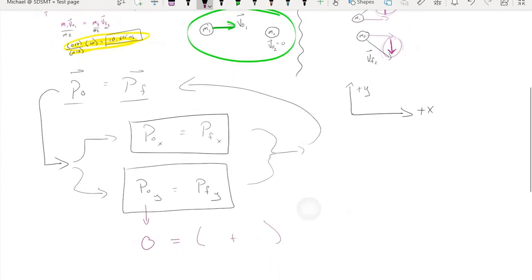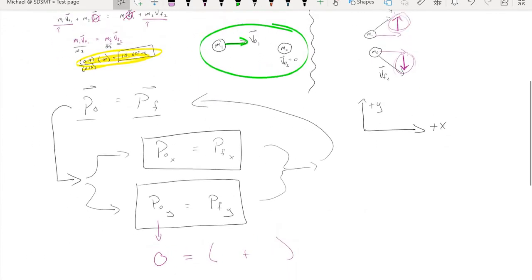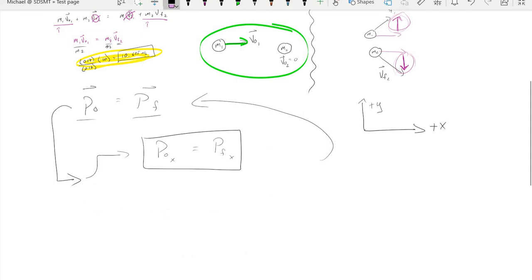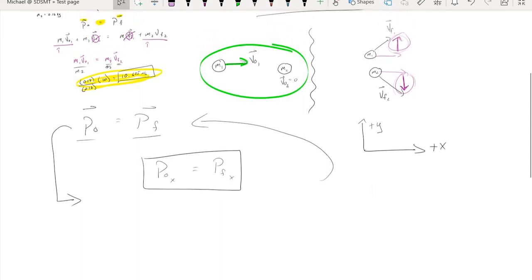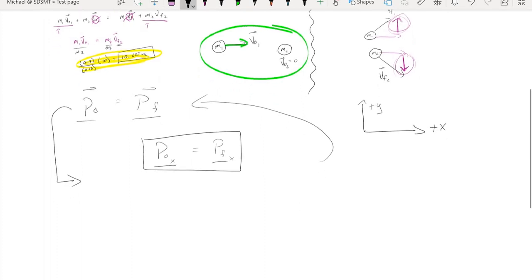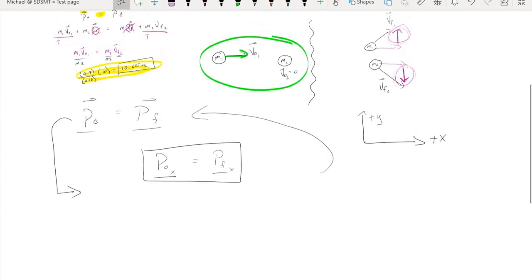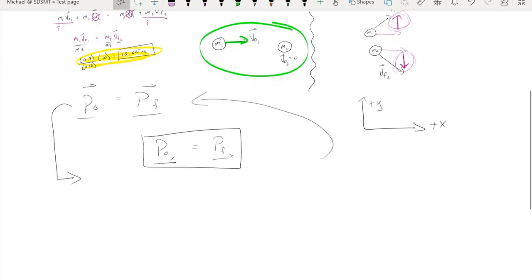All right, let's see what we have going here. I'm going to backtrack a little bit in my work, and we'll focus on just the x direction of our momentum for right now and see what this produces. So what momentum we start with has to equal the momentum that we end with. I'm going to write all of this out in general form, then we can plug numbers in later.